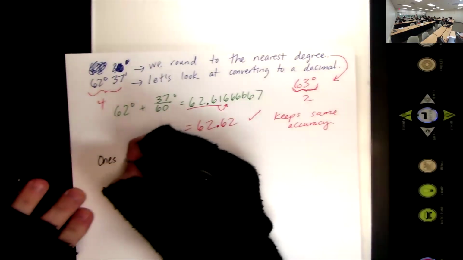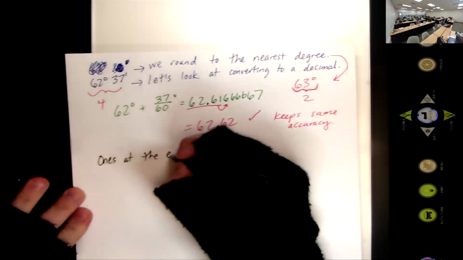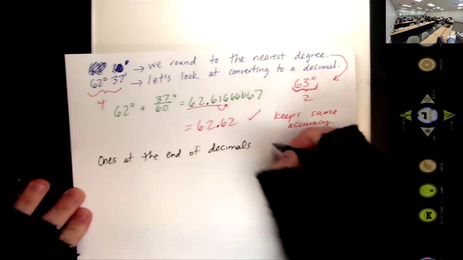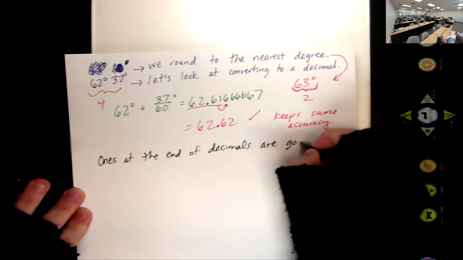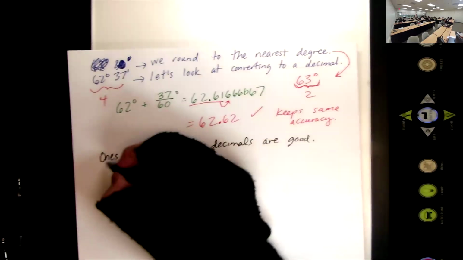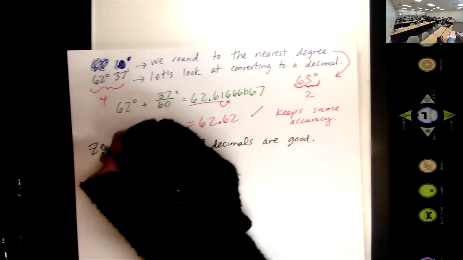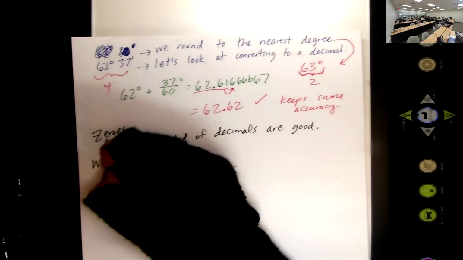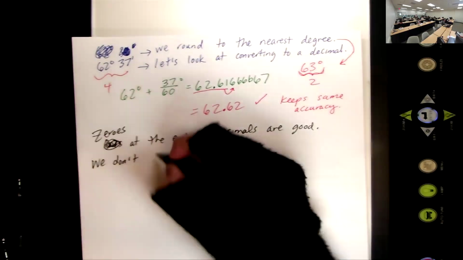Zeros at the end of decimals are good. Wait, let's change that to say zeros. We don't like them at the end of whole numbers.